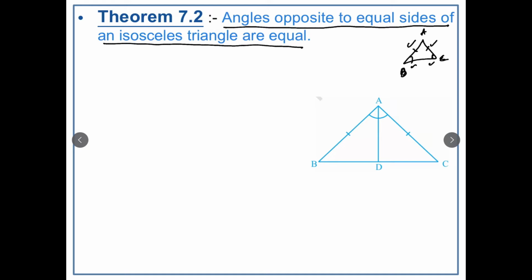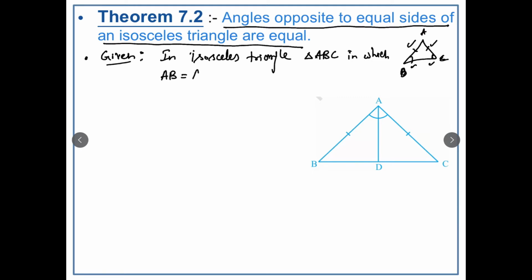First we'll write the given part. Given: an isosceles triangle ABC in which side AB is equal to AC.